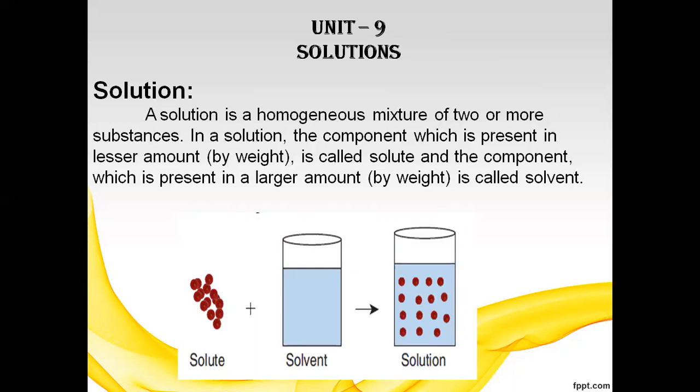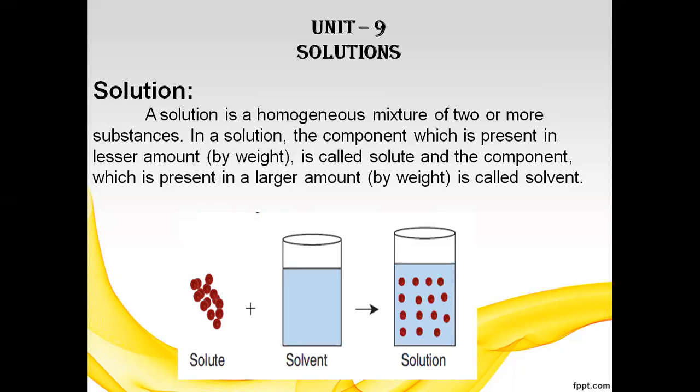For example, take salt plus water. The salt is dissolved in water. Salt is the smaller amount in this solution, so salt is the solute, and water is the larger amount, so water is the solvent. So salt plus water contains one solute and one solvent. This is a solution.